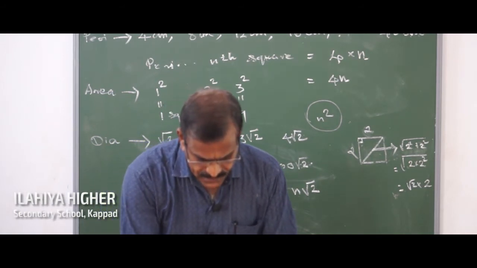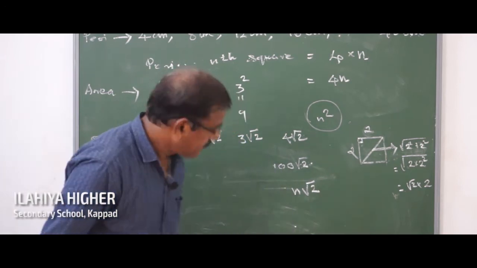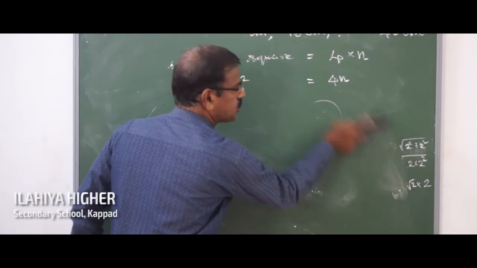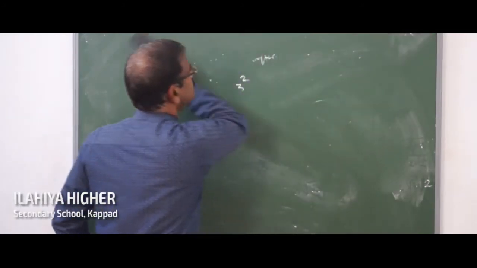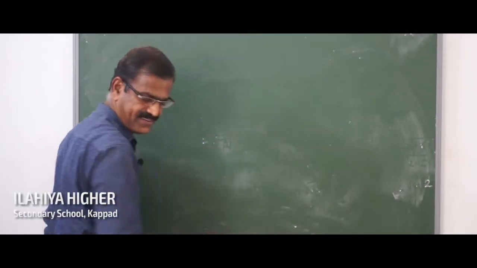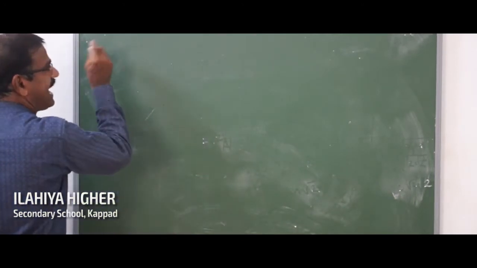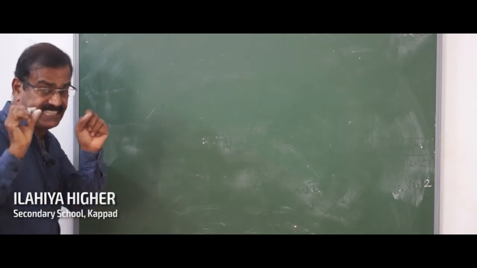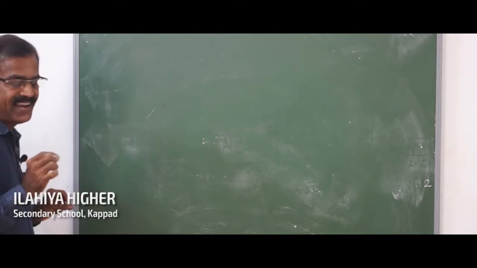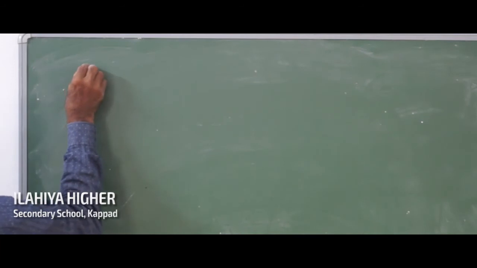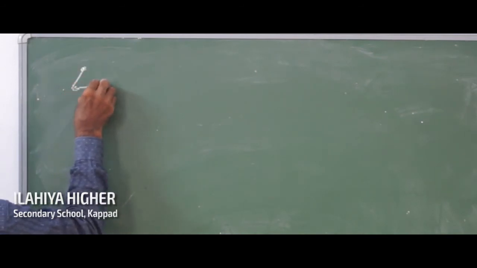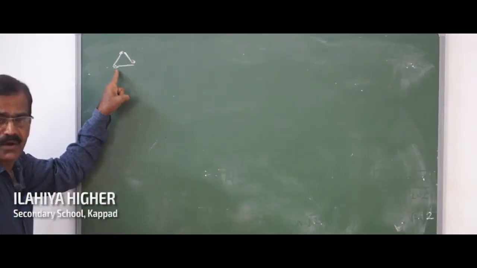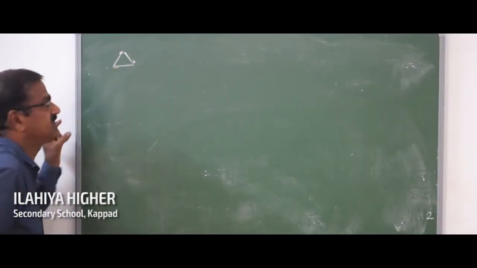Now a pictorial representation. See, now I am going to draw some triangles on the board, and our triangles are made using matchsticks having equal length. One triangle is formed using 3 matchsticks.